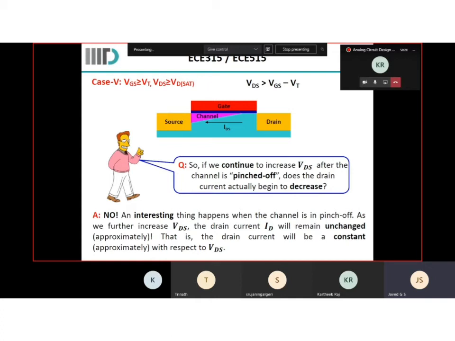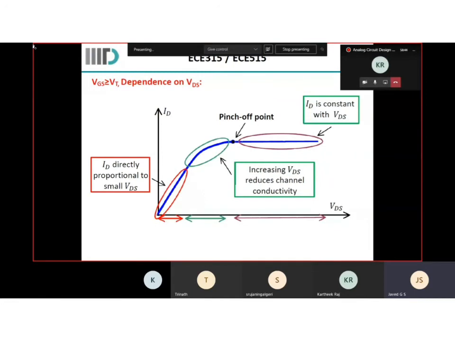For example, if your gate substrate voltage is high, meaning the difference will be small, you will have less amount of charge at the drain side and more at the source side. Understood? Okay, sir. So that is how we understand when things are going into saturation, which is when ID is constant with VDS.